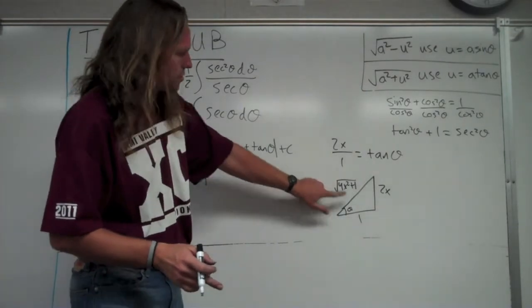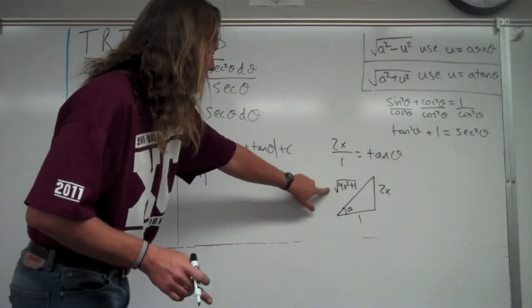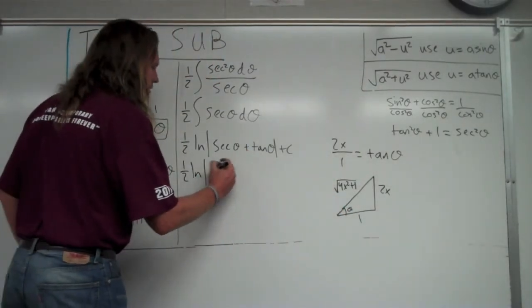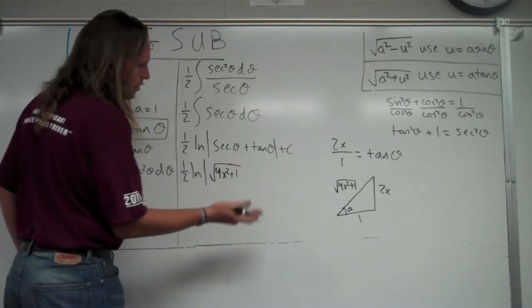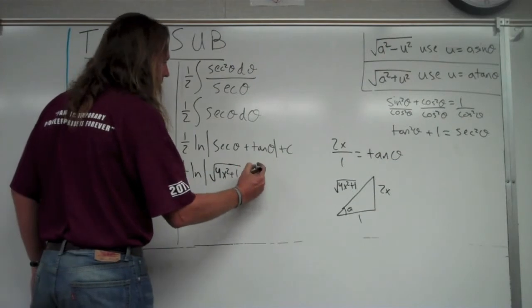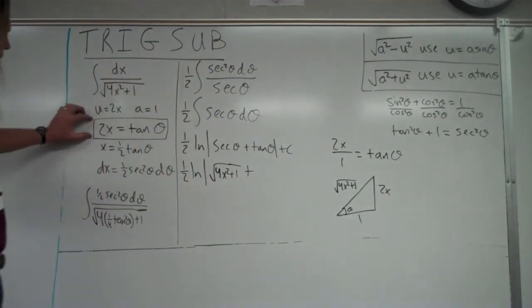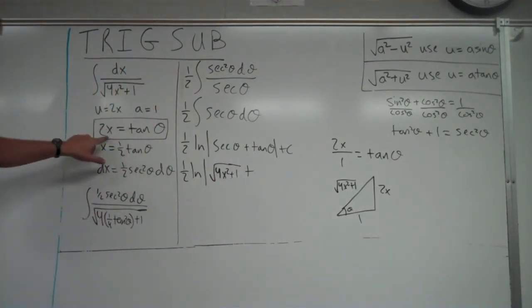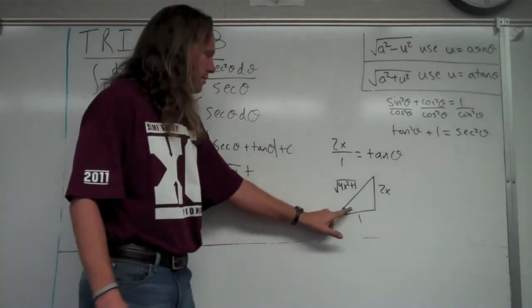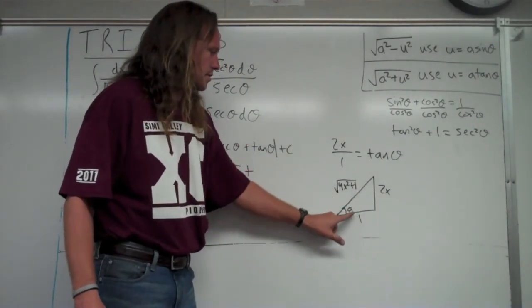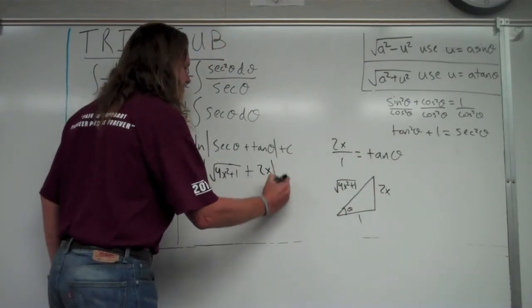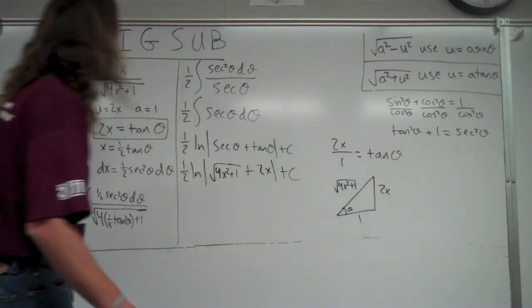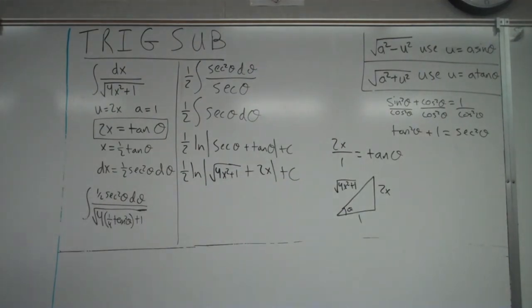Therefore secant theta will just be the square root of 4x squared plus 1. It'll be over 1, but I don't need to write that. Plus, for the tangent, you could just go to here and say tangent of theta is equal to 2x. You could use the triangle also, because opposite over adjacent, tangent theta would be 2x over 1, which is just 2x. And there you have it. There's a couple trig sub problems.